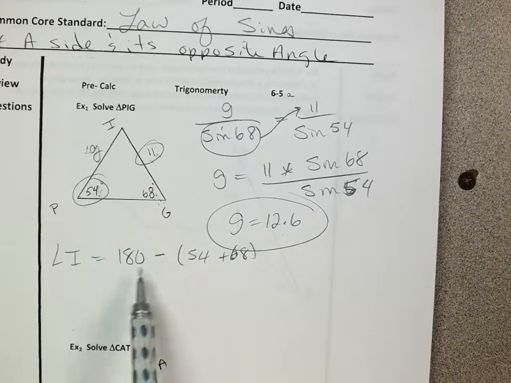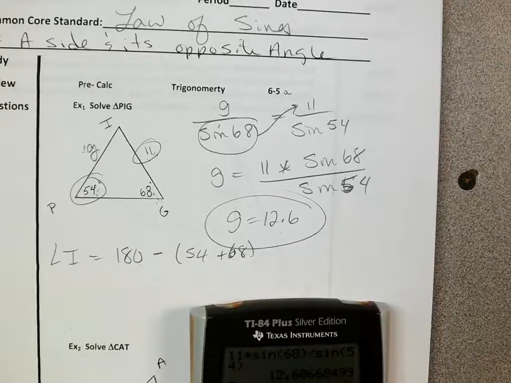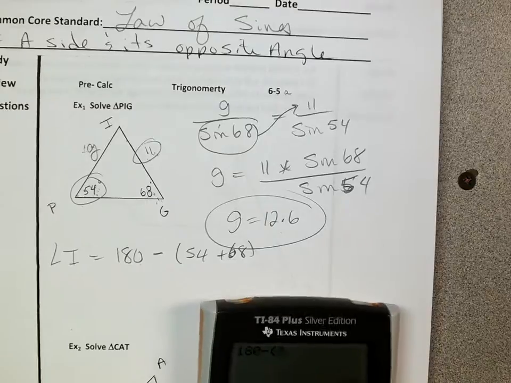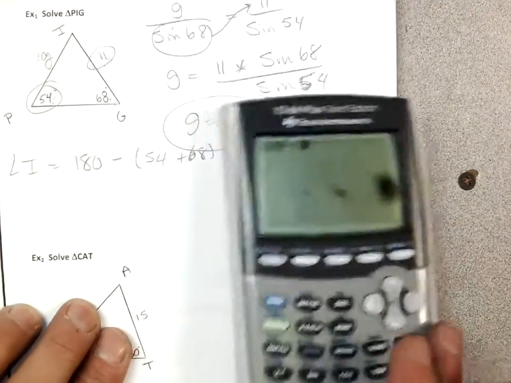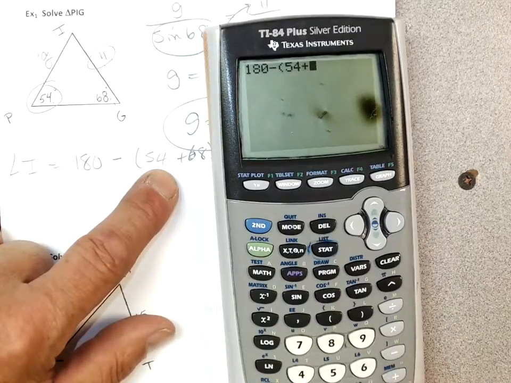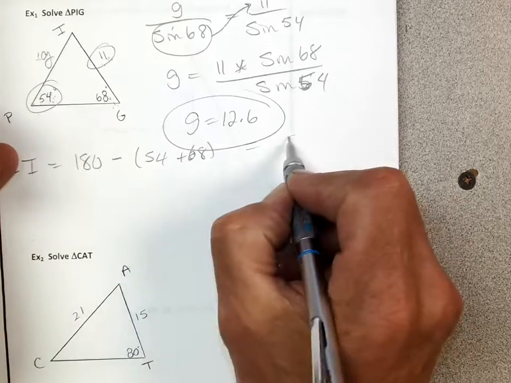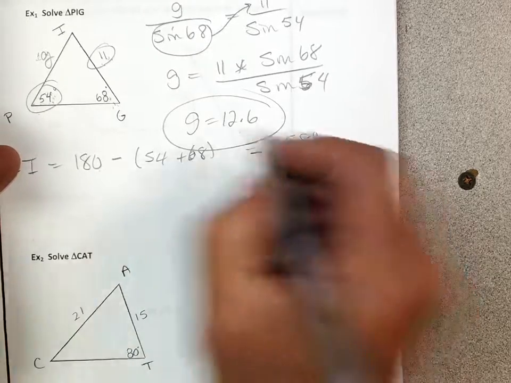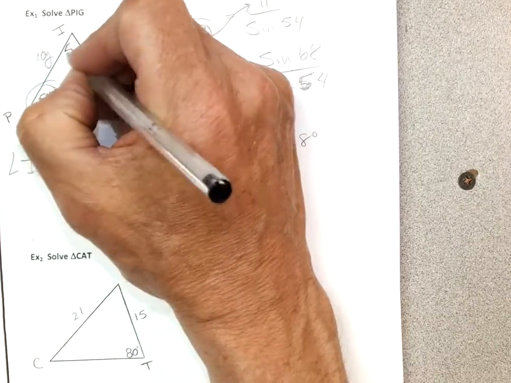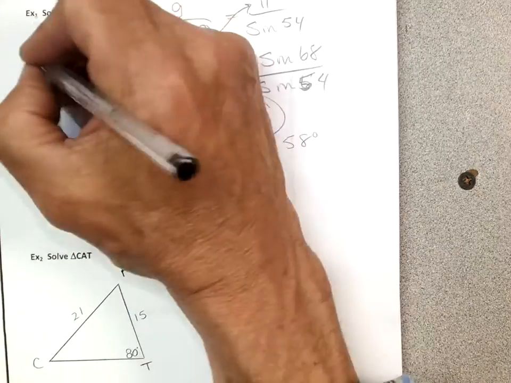I'll take my calculator: 180 minus, parentheses, my 54 plus my 68, and I'm going to get an answer of 58 degrees. I'm going to put that 58 degrees in there, because I'm going to need that answer, and 12.6 here.